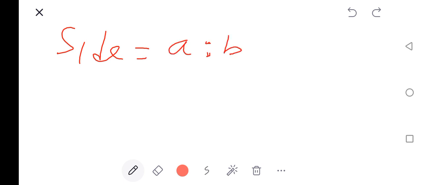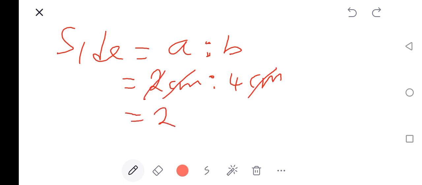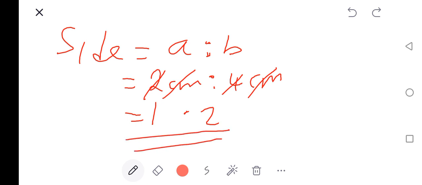So we know that the side ratios are A to the ratio B. So it's 2 centimeters to the ratio 4 centimeters. You cancel the centimeters, cancel the 2, which gives you 1 to 2. So those are the ratios of their sides. That's question 1.